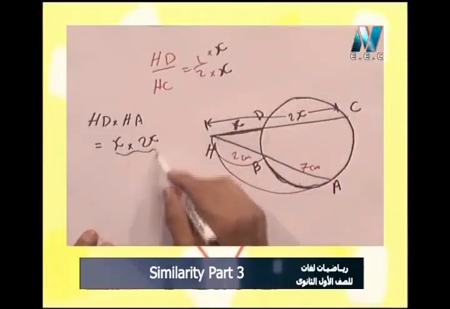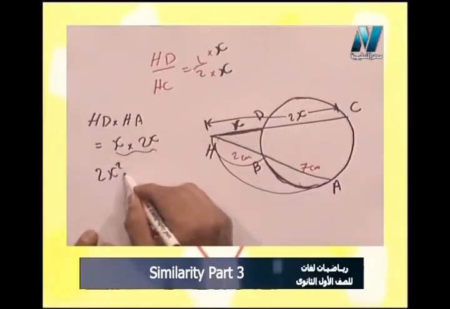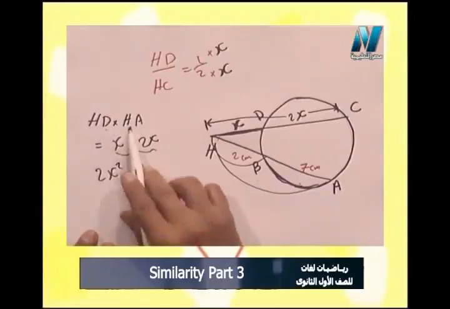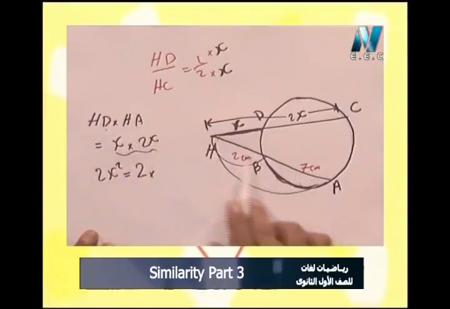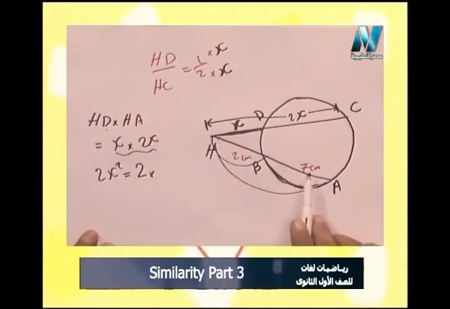So we multiply x by 2x, which will be 2x power 2, equal to HB, which is 2 centimeters, multiplied by HA, which is 9. Yes, 9, not 7, because it's a common fault for some pupils that get 2 and after that say 7. No, HB equals 2 and HA equals the sum of these two sides, so it's 9.